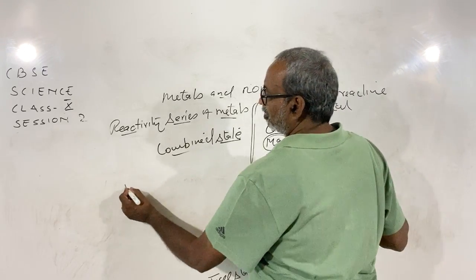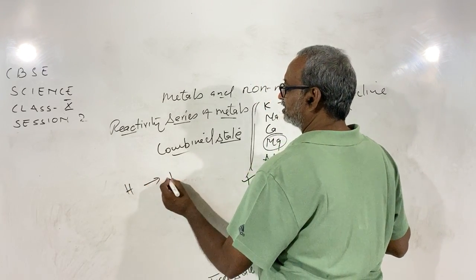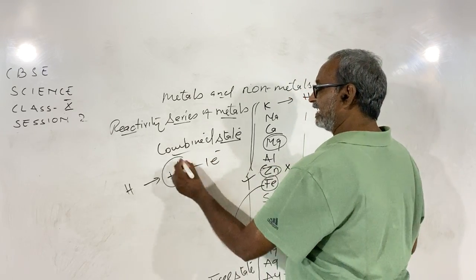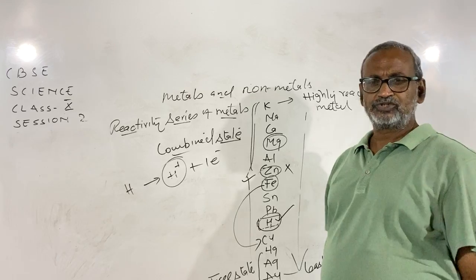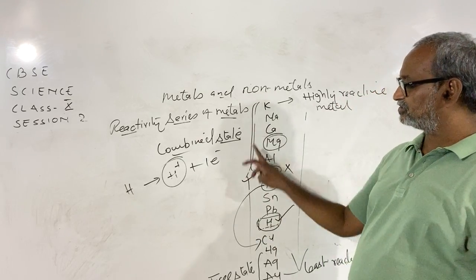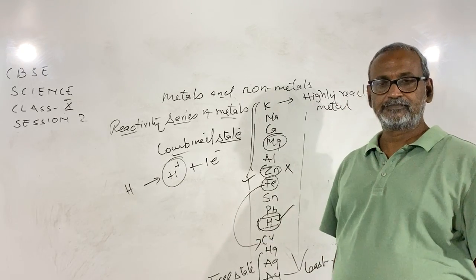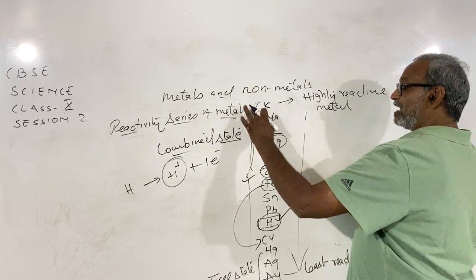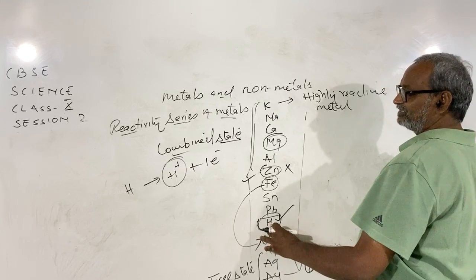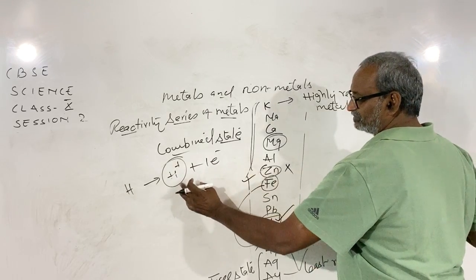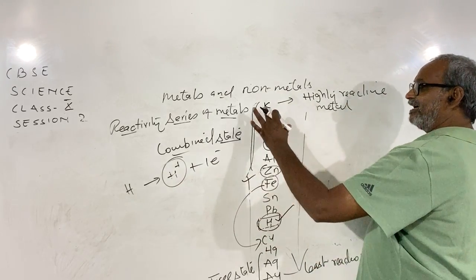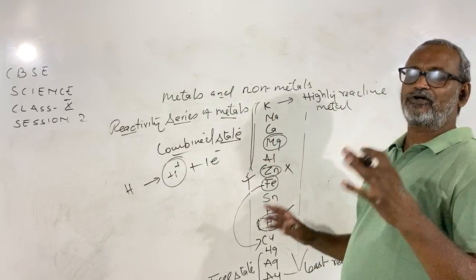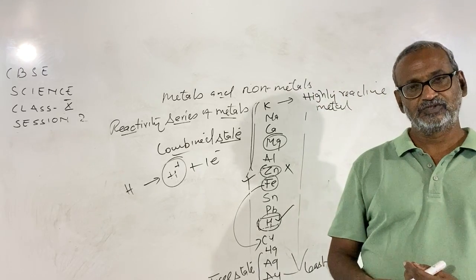Hydrogen also has a tendency to lose an electron and form a positively charged ion, a cation. So like metals, hydrogen is also electropositive. Metals which are above hydrogen in the reactivity series are more electropositive than hydrogen, and therefore they will displace hydrogen from acid or water.